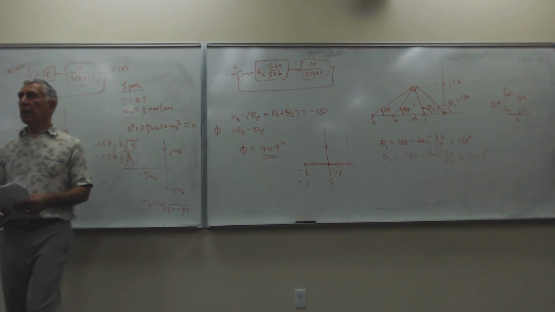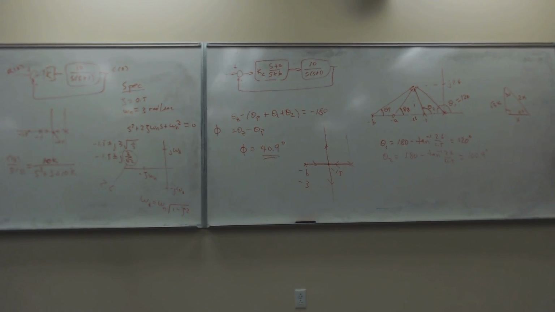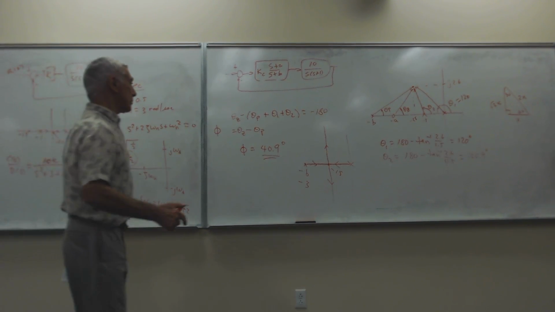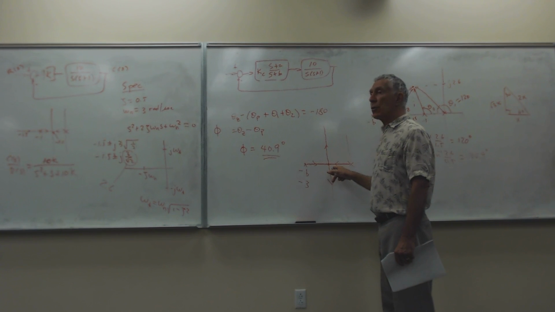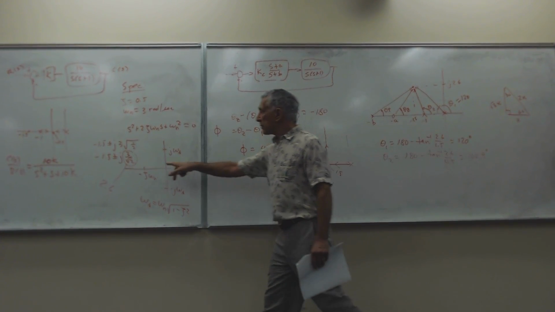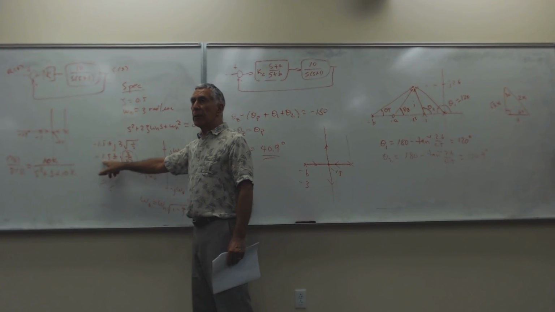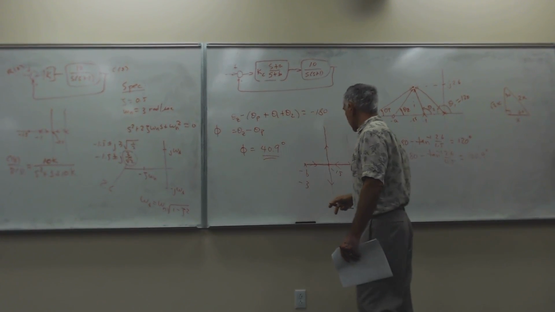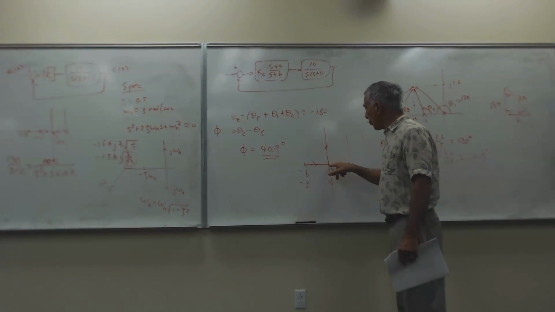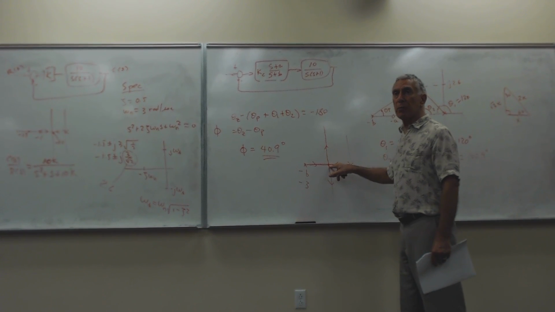How did you come up with minus 3, Professor? Yeah, because we know that we want the real component to be minus 1.5. That's the desired real component of the closed loop transfer function pole. So we know that breakaway has to occur at minus 1.5.